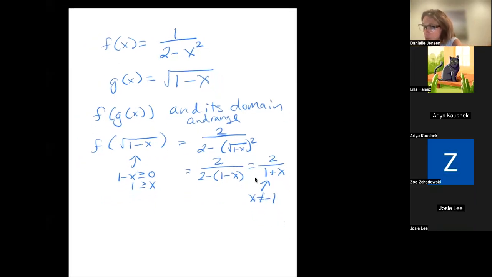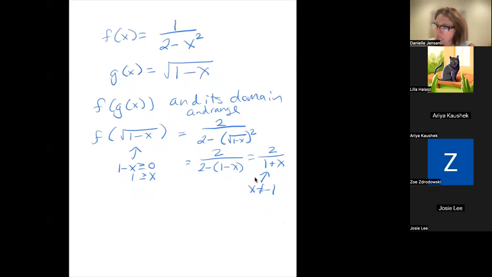Putting both of these together, because it has to meet both conditions, my new domain is going to be -infinity to 1, except -1. I know it can't be -1, but then I'm all good until I get to 1. Okay, got it. So that's the domain.